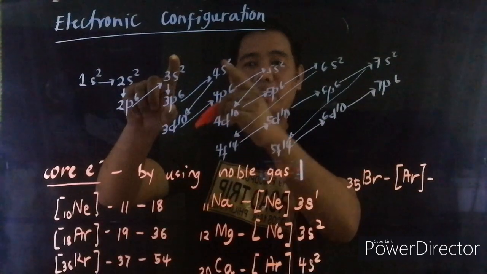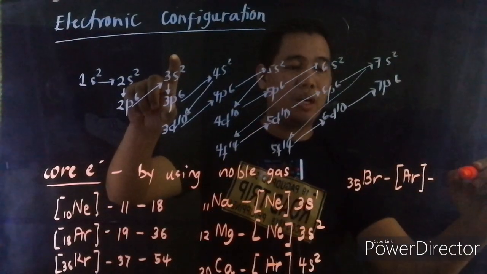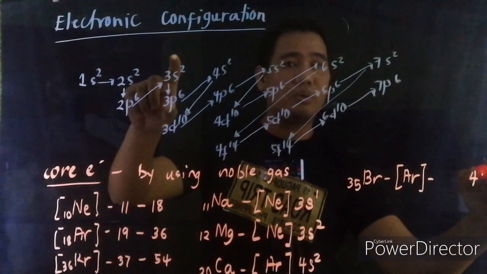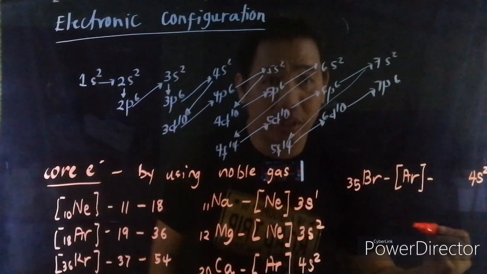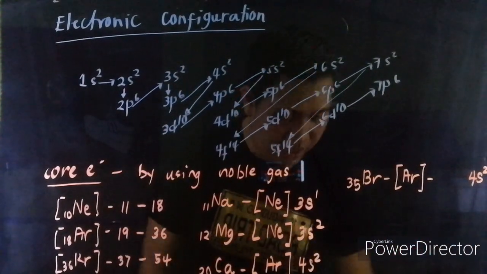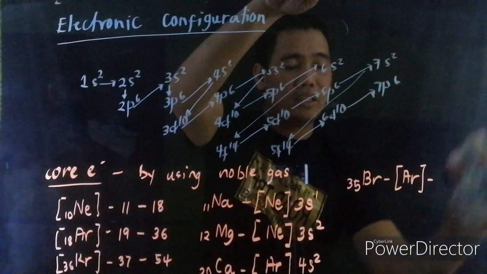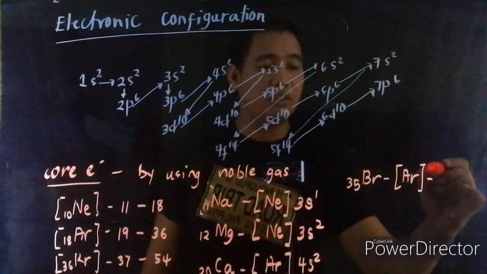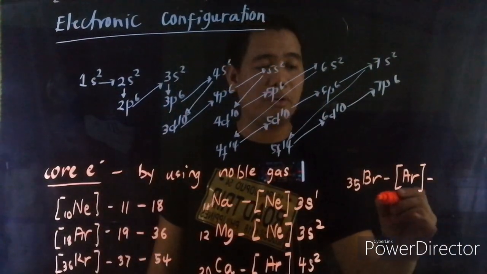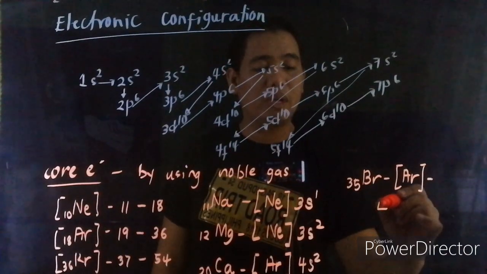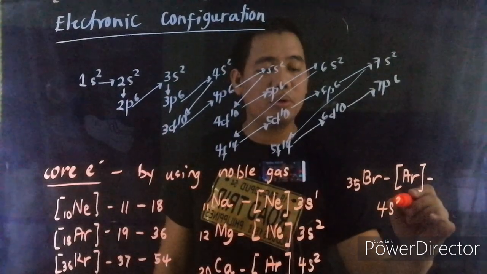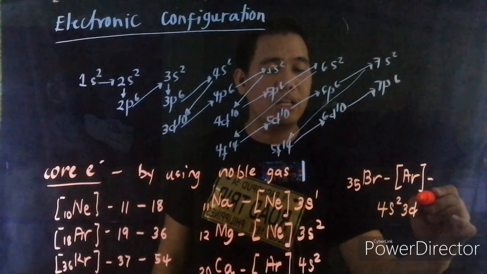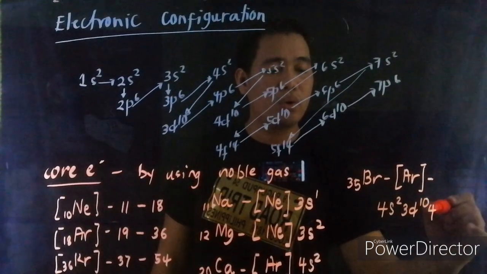So we can write 4s2. You can still see that one? I don't think so. So I will adjust it. I will write it at the bottom. So we have 4s2, 3d10, and 4p5.